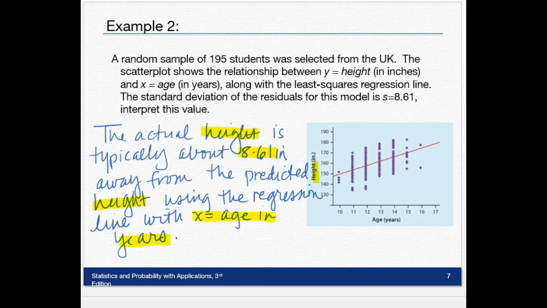So the yellow parts that I've highlighted are going to change from problem to problem. So you're going to have to read and be able to clearly tell me what was the response variable. Was it height? Was it price? What was it? And then obviously S, which will be given to you. And then x, you've got to tell me what x was in that problem. What was the explanatory variable? All right? So this gives you a good framework for how to correctly answer any problem that asks you to interpret S.